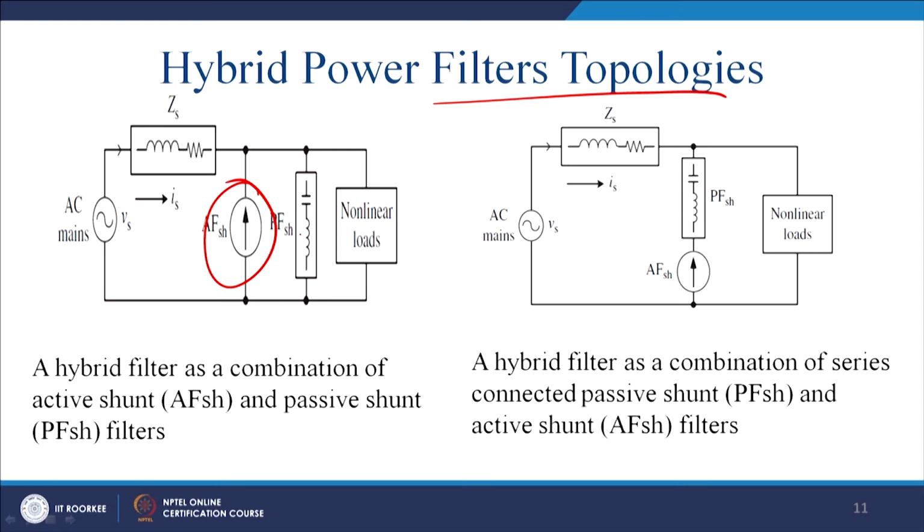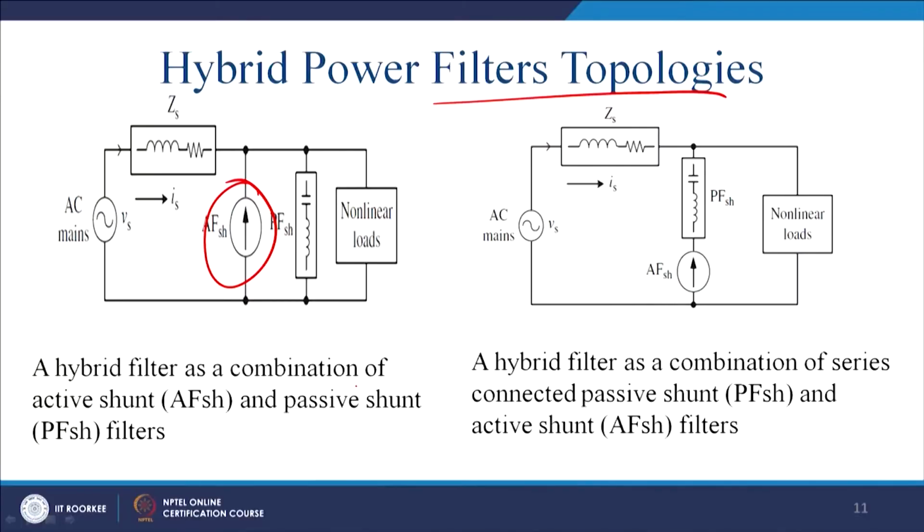Initially it will act and mitigate the harmonics, and the fine tuning can be done by this active power filter, and thus the rating also will be less, and you get a better solution than the individual shunt active or passive filters. So, this is called the hybrid filter as a combination of active shunt and the passive shunt.